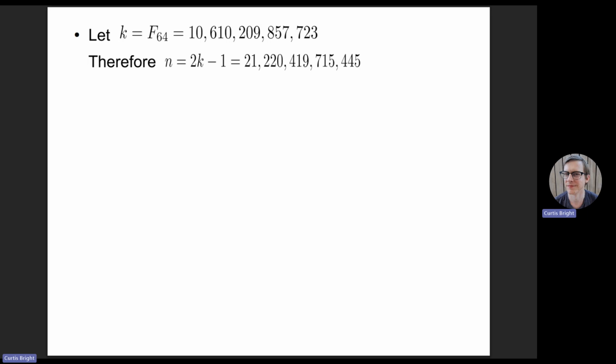So if we think about the first 64 Fibonacci numbers and their negatives, here is f64, which is this really big number here. So that gives us in the sequence, the index n is equal to 2^k minus 1. That's where we find it in the sequence. Log 2 of n is 44.